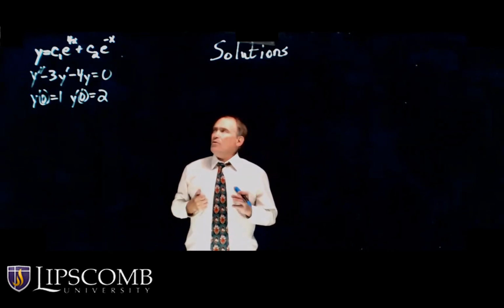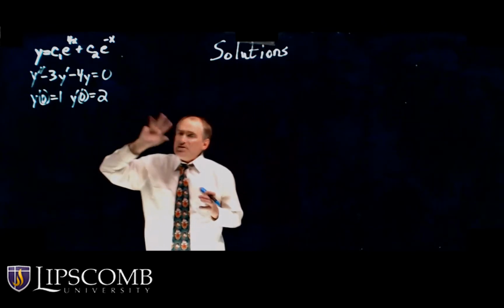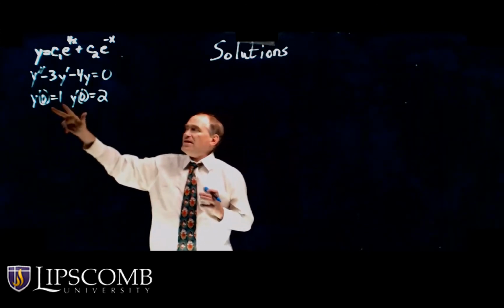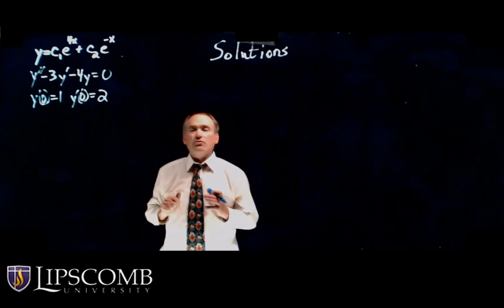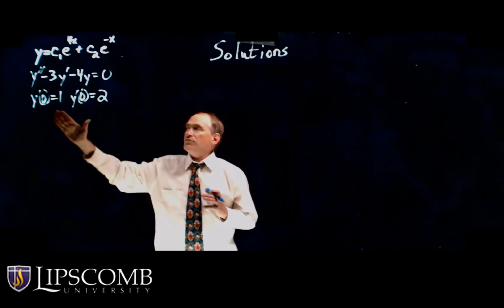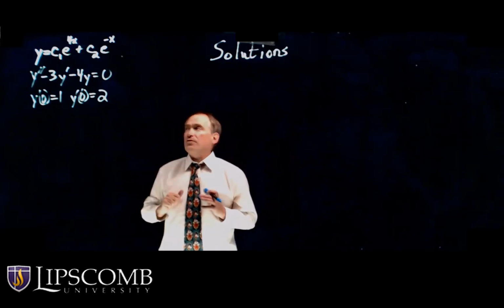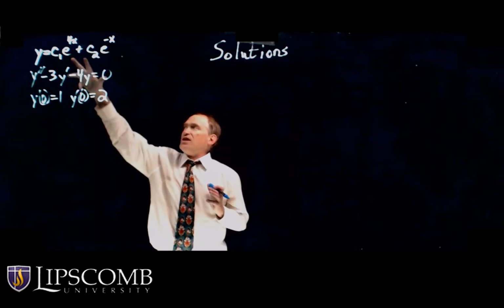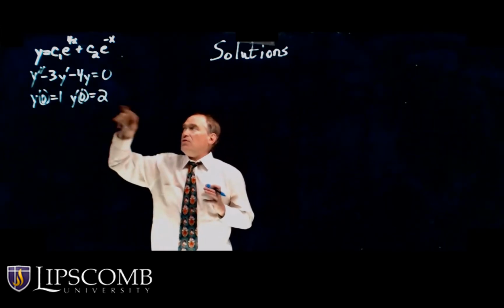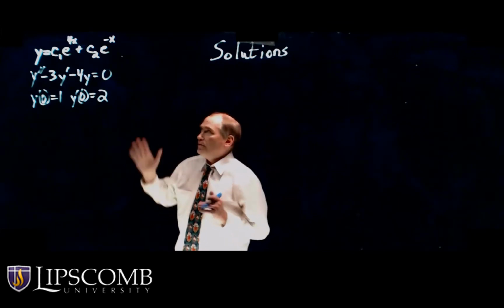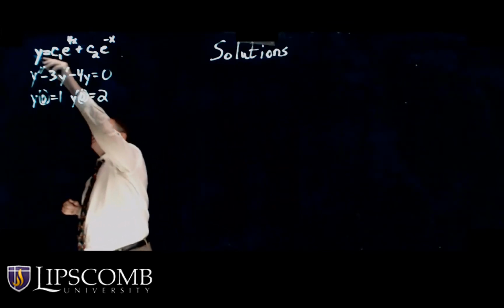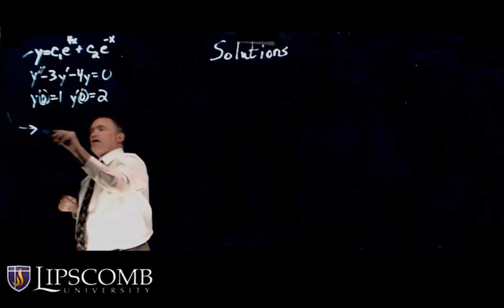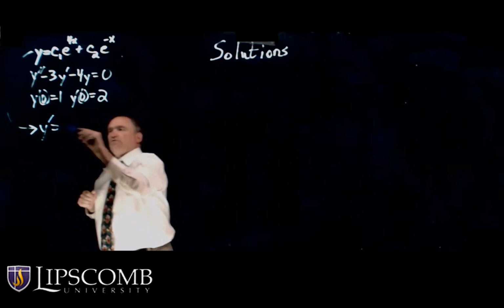But now I want to find the particular solution that satisfies these two initial conditions, y of 0 equals 1 and y prime of 0 equals 2. So what I want to do is take this, plug it into this, and solve for C1 and C2. So let's come down here and take the first derivative.